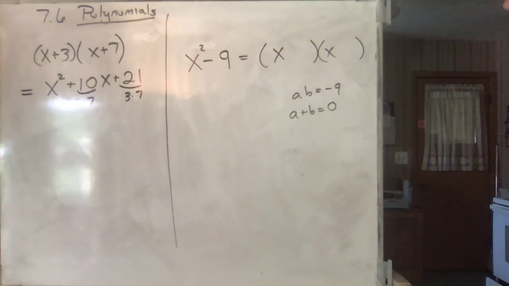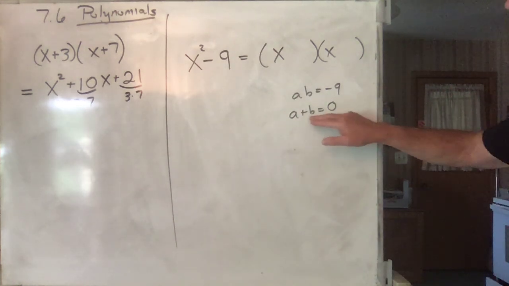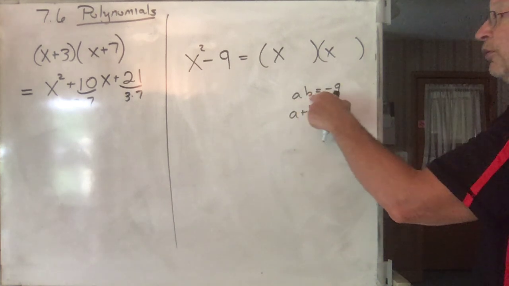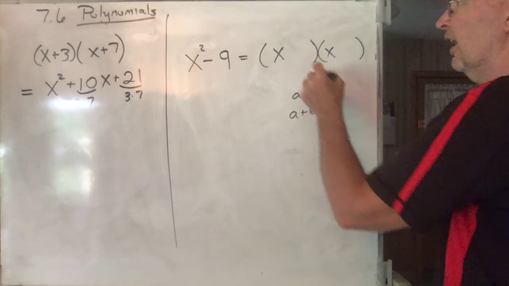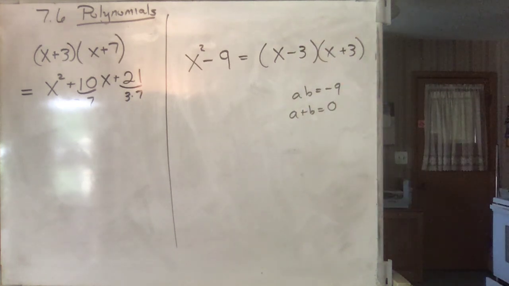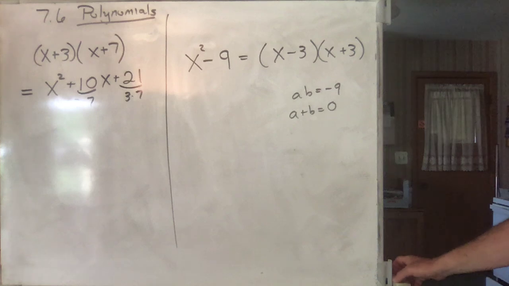See that? So apparently these things have to be the negatives of each other. One is the opposite of the other. So what are two numbers, one the opposite of the other, that give you -9? Well, how about -3 and +3? See that? So that'll do it.